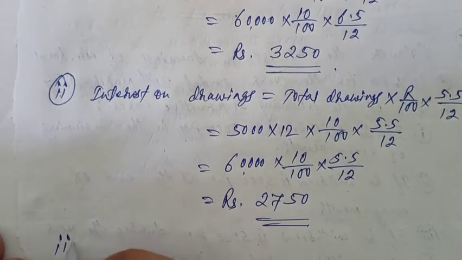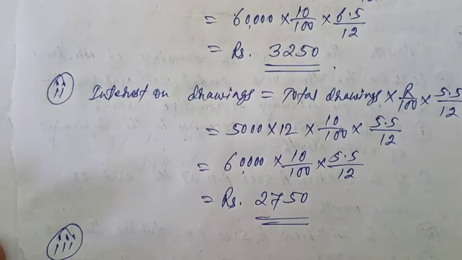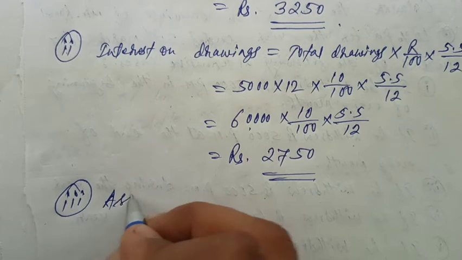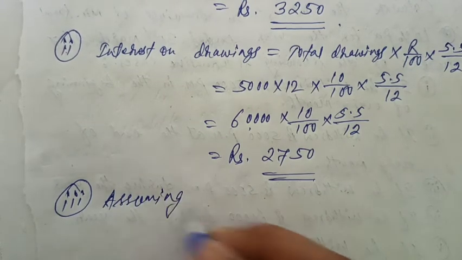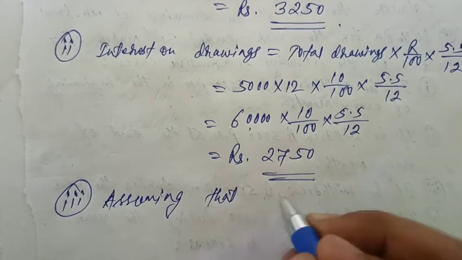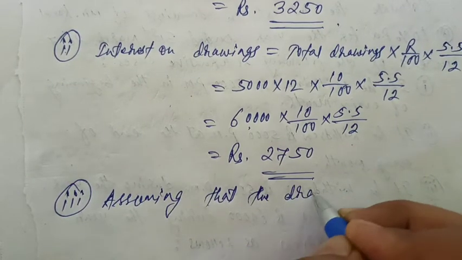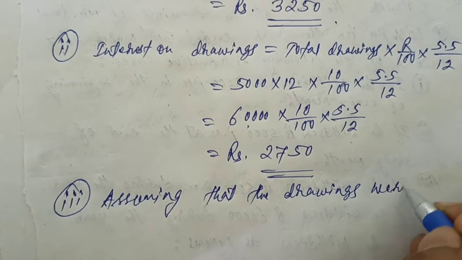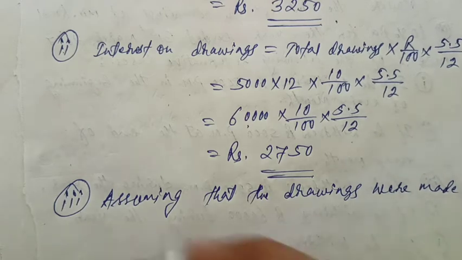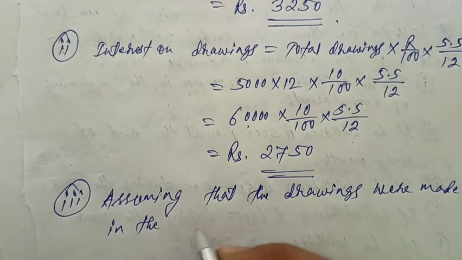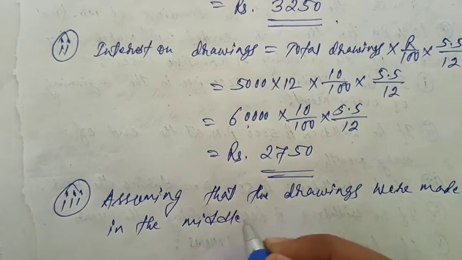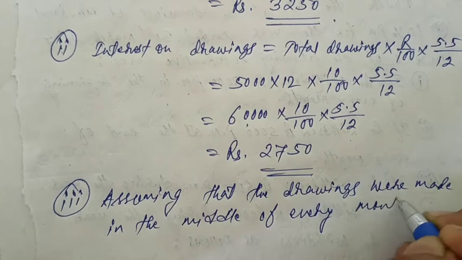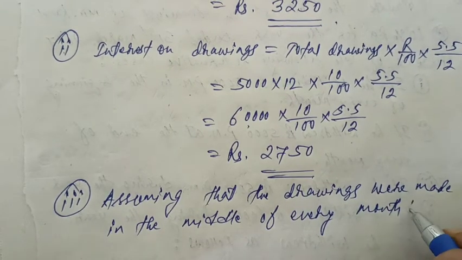Again, point number 3. Here it is given, if you withdraw 5,000 per month during the year. Here the date is not mentioned, that is why we'll assume that the drawings were made in the middle of every month. The exact month is not given, that is why during the year is mentioned.